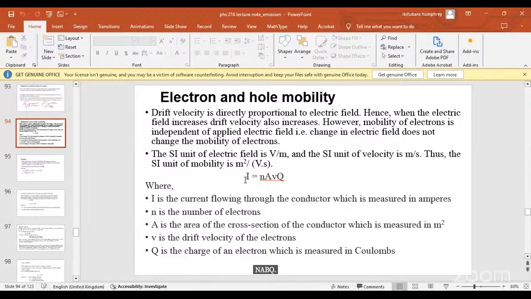I for current flowing through the conductor, which is measured in ampere. N for number of electrons. A for the cross-sectional area of the conductor. And V for the drift velocity.